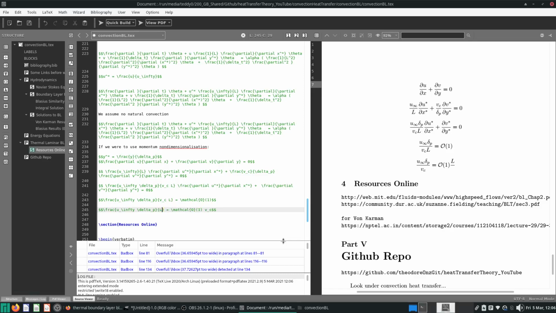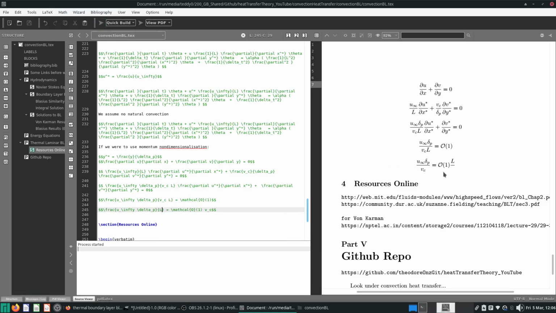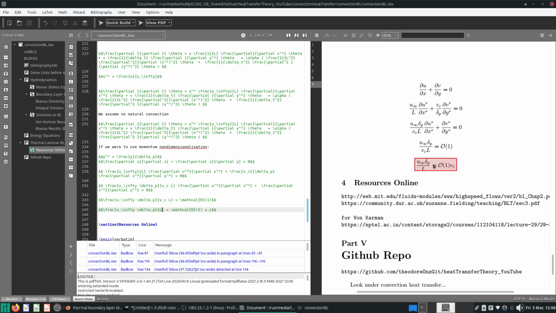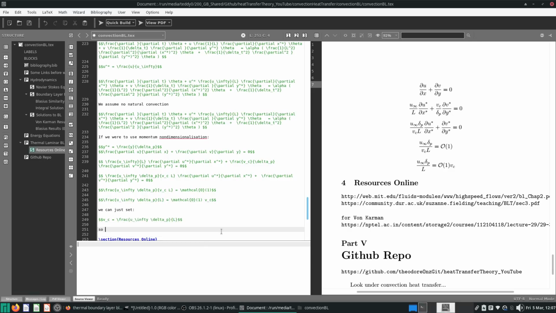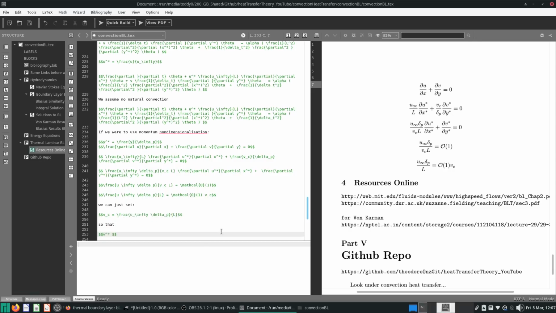I just put L over here, and that's how you get our characteristic V velocity. VC is basically order of magnitude 1 times this thing. So we can just set VC to be this, so that V star equals V over VC equals order of 1. That's how we usually do it.